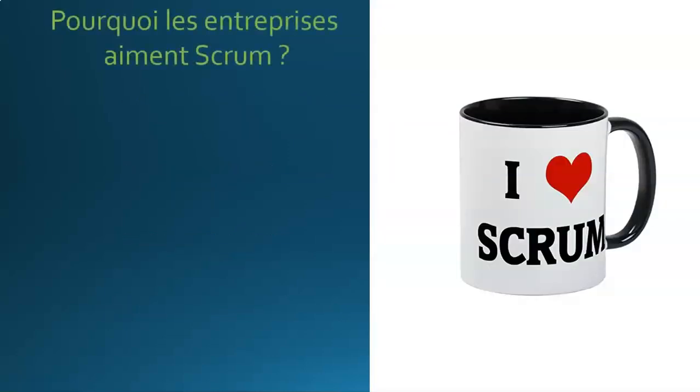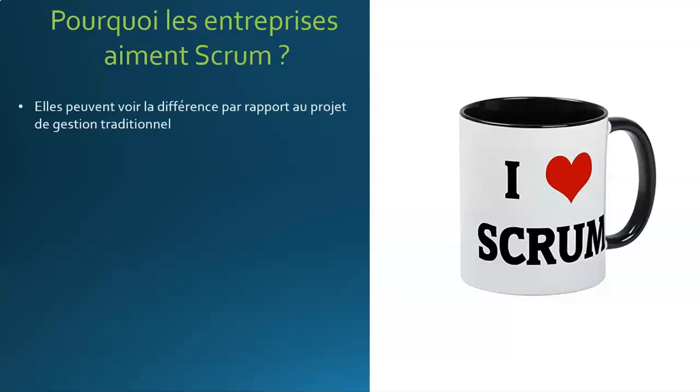First of all, why do companies like Scrum? We have already talked about why companies like Scrum. I will just summarize a few points. Companies can see the difference from traditional project management. As we said, you get results much faster than in traditional management projects.